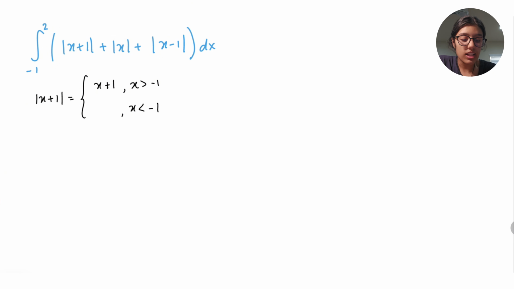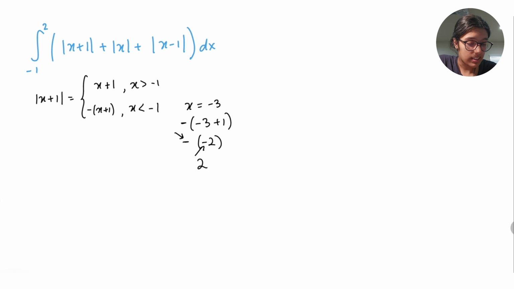When x is less than -1, our expression is going to be -(x plus 1). The reason for this, we can see by substituting values again. Let's take a value less than -1, say x equals -3. We plug -3 in here and get -(-3 plus 1), the negative of -2, which is just 2. You see how this negative and this negative cancel out to make a positive, and that's exactly what the absolute value does.